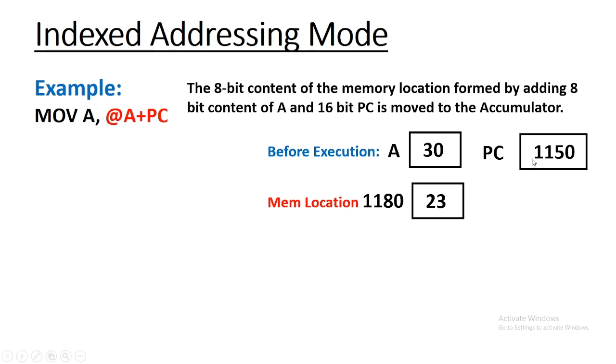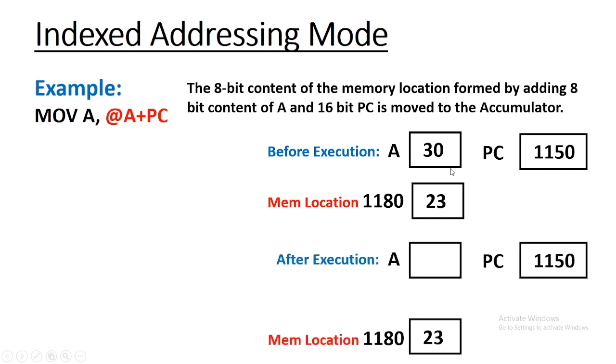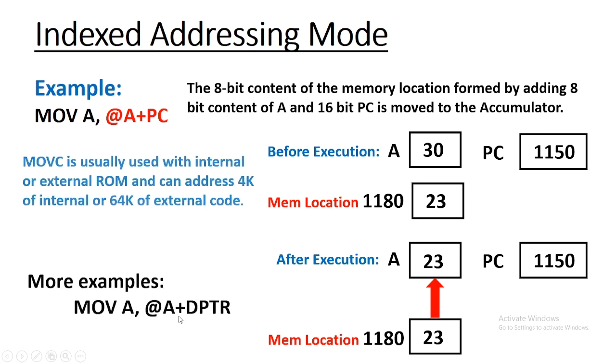Before execution, A has 30 and the program counter has 1150. When A and PC are added together, we get 1180. This is the final memory location, and let's assume at that location 23 is stored. So that 8-bit data 23 is copied into the accumulator after execution.